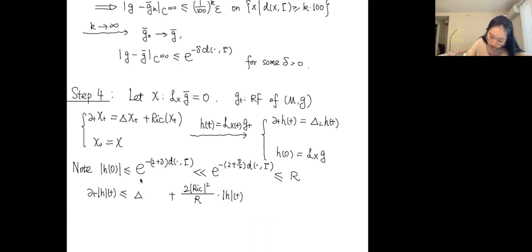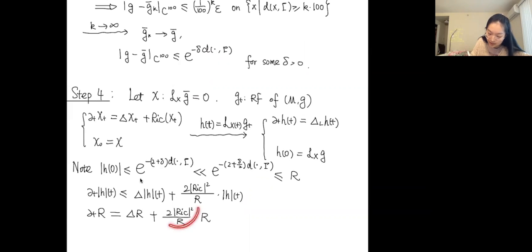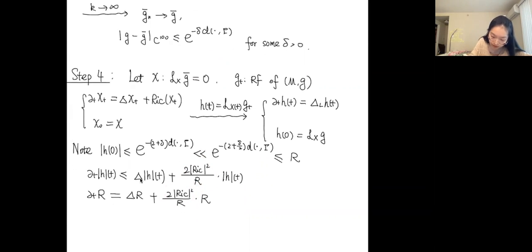So in other words, the norm of h is a sub-solution to this linear PDE, and we also know that under the Ricci flow, the scalar curvature is exactly a solution to this linear PDE. Okay, so this diffusion term, you can rewrite with the same coefficient as here. So now this observation will help us to compare the norm of h at any later times and the scalar curvature.